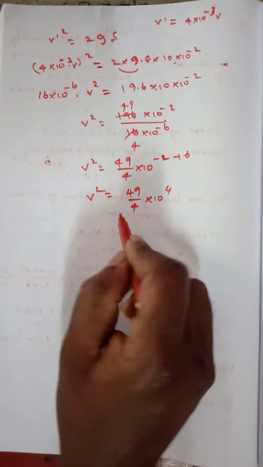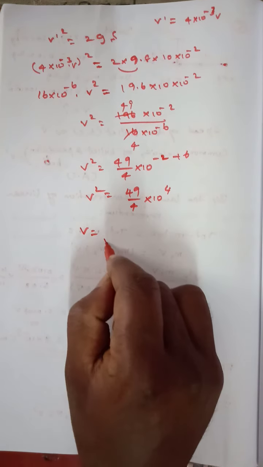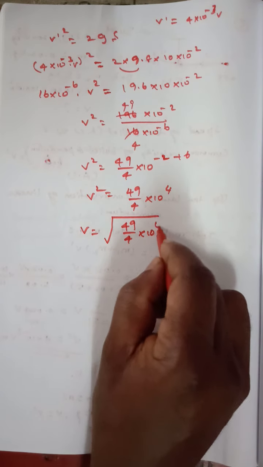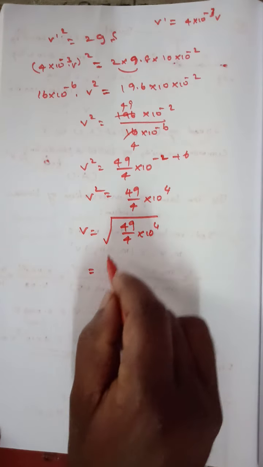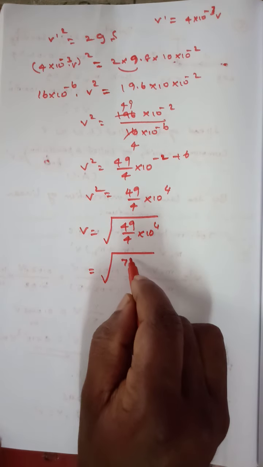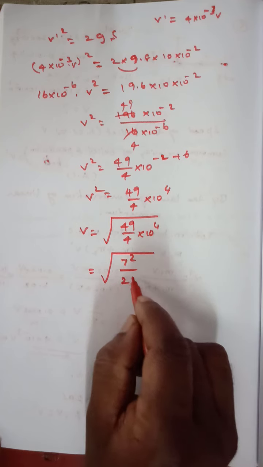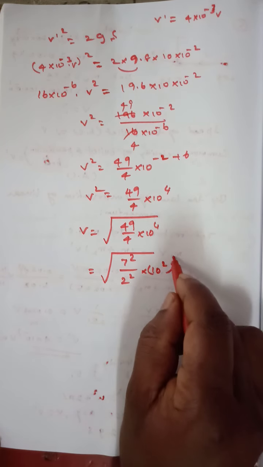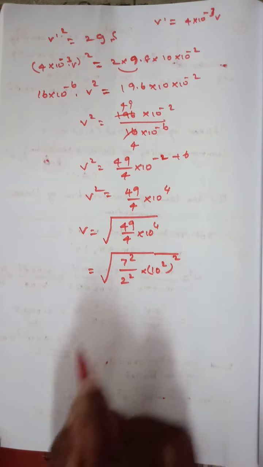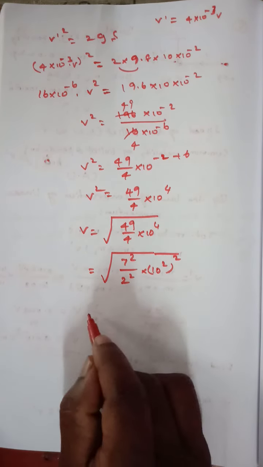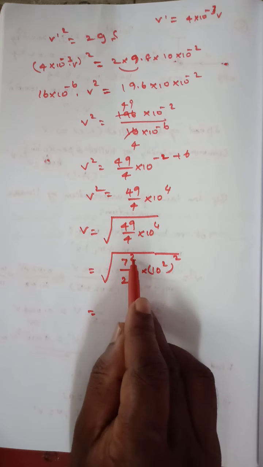So the square becomes a square root, so v is equal to square root of 49 by 4 into 10 power 4. The root of 49 is 7, 2 for 4, and 10 squared for 10 power 4, because 2 twos are 4. All of them are squares, so the square root cancels.